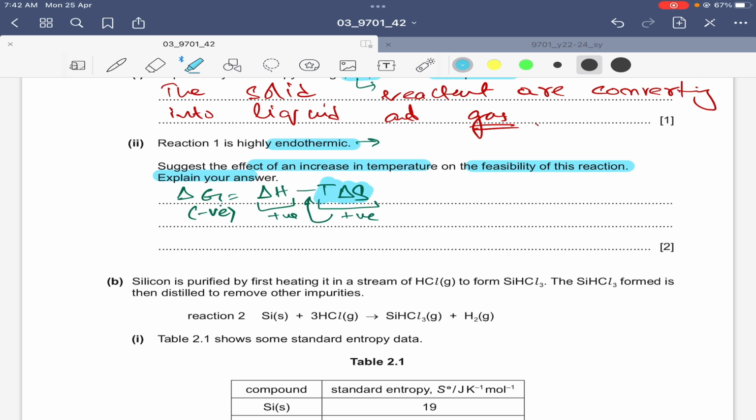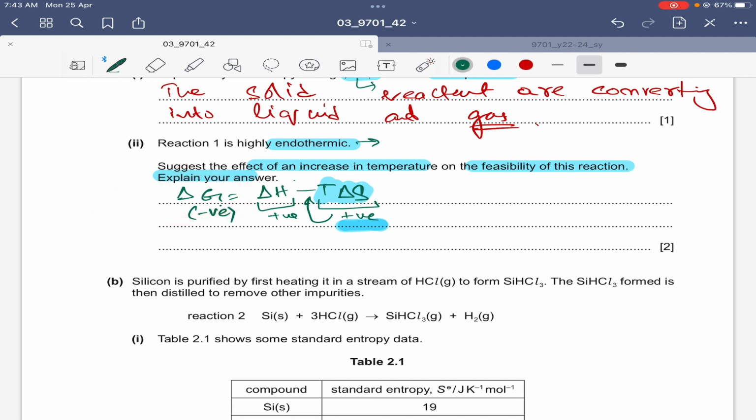Right, so as temperature increases, T delta S gets more and more positive, and if this gets more and more positive, then with minus T delta S, we get delta G as a negative value.